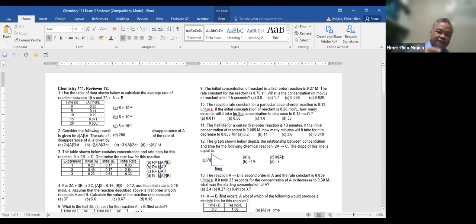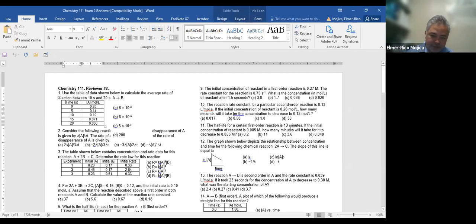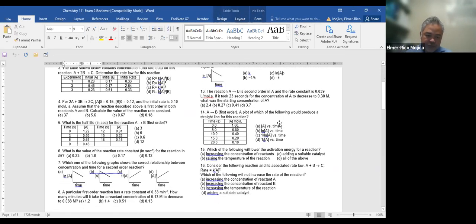Now, the answer key for this one is available, and how to do it is also available. Okay, so if we're going to go here, number 6. So this is just getting the K value.